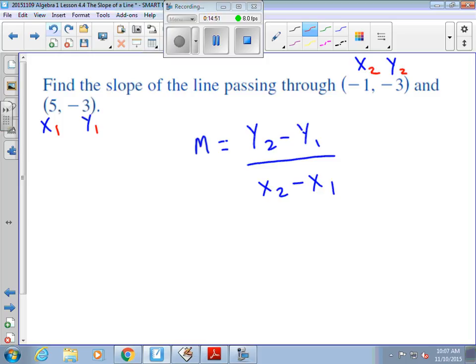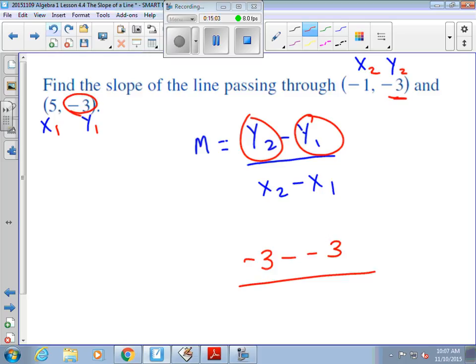Okay. So the first one calls for y sub 2. That's this one, negative 3. Minus y sub 1 is this one, a negative 3, over x sub 2 is next. That's this one, negative 1, minus x sub 1 is this one, 5. What's negative 3 minus a negative tell you to do?